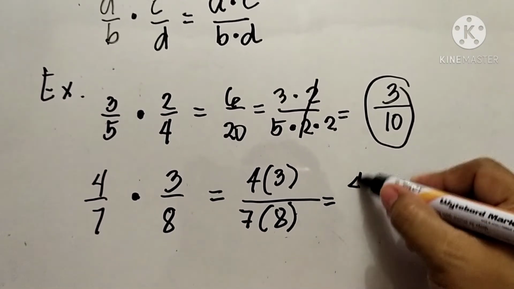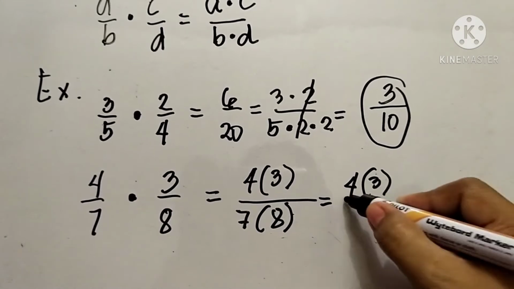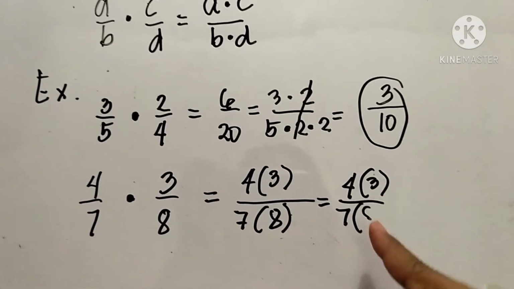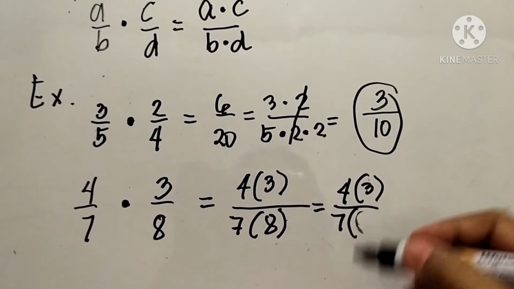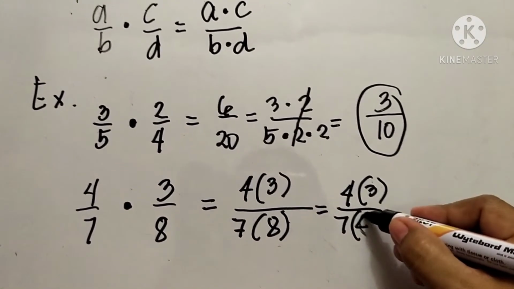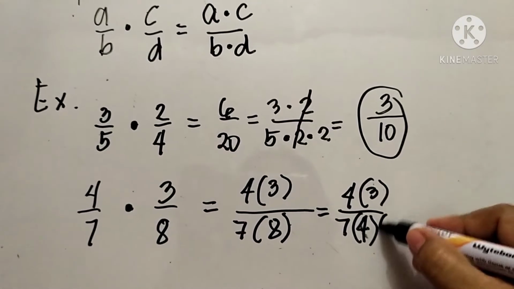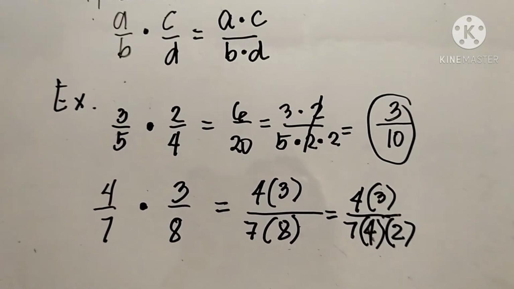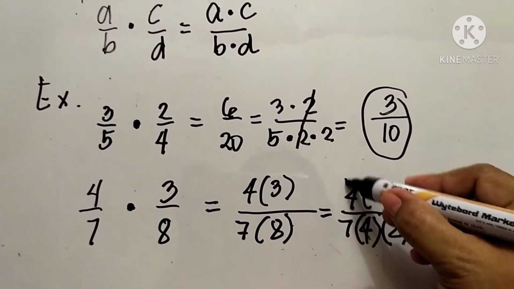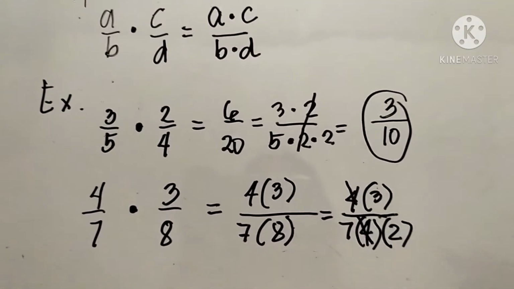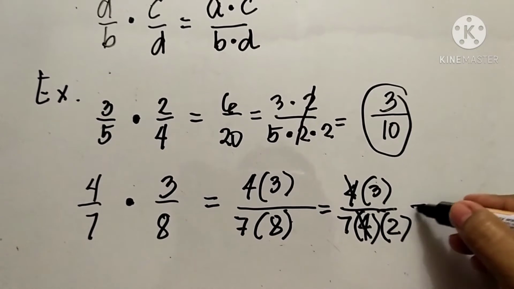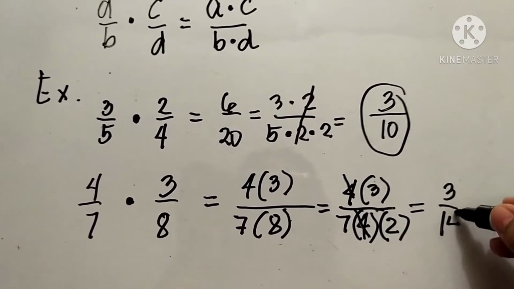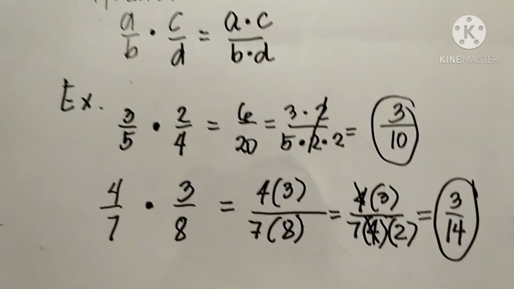But we will rewrite it first. 8 can be factored as 4 times 2. Right? That is 8. And 4 divided by 4 is 1. Therefore, you have 3 over 14. That's the product.